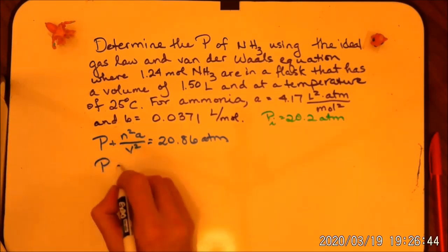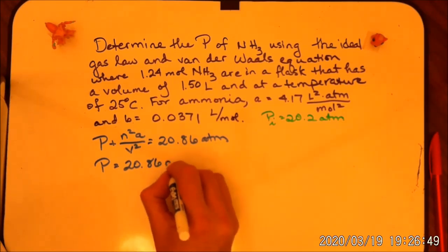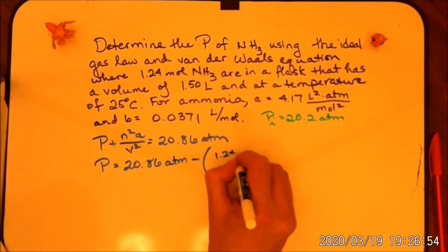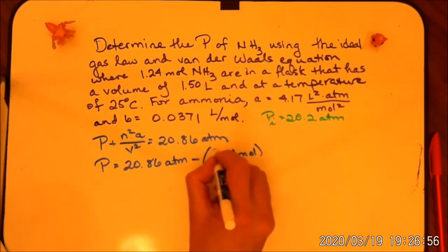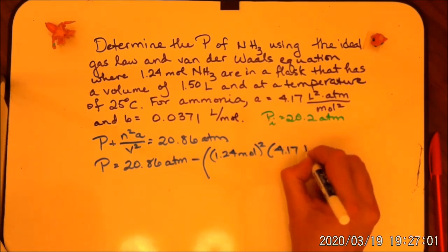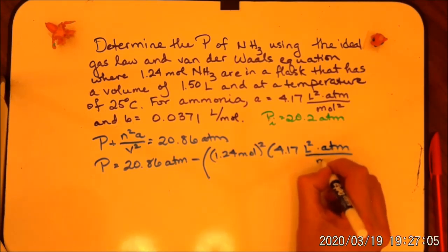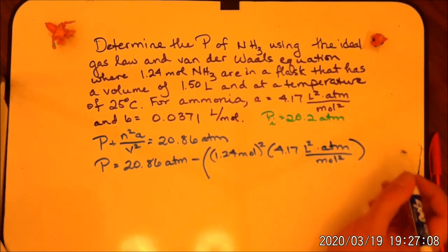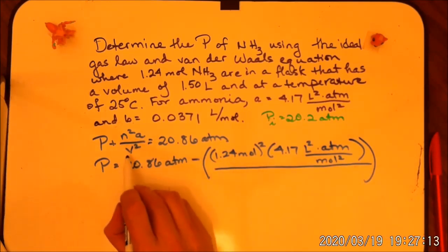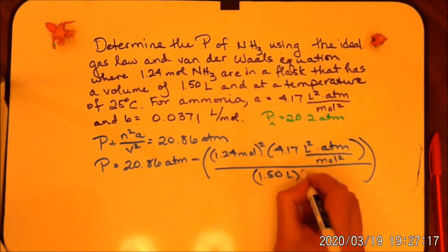So the pressure is equal to 20.86 atmospheres minus, and here's my whole phrase, 1.24 moles squared times A, 4.17 liters squared atmospheres per mole squared, all divided by V squared, 1.50 liters squared.